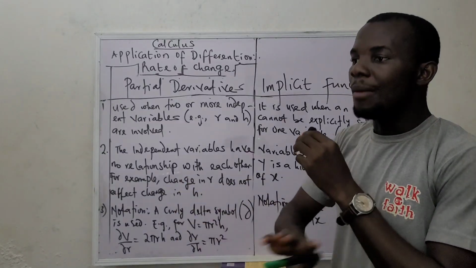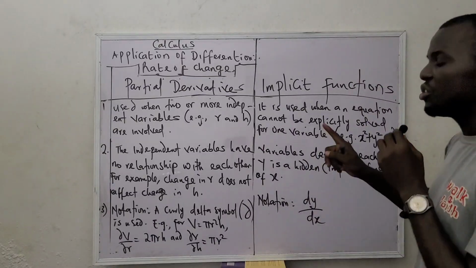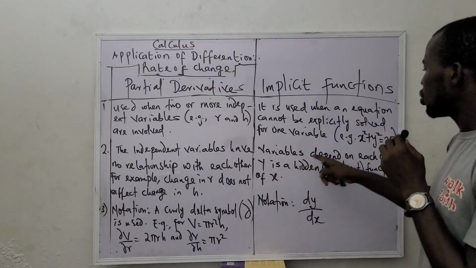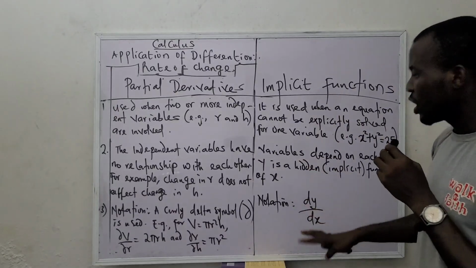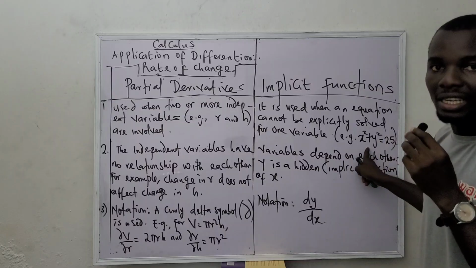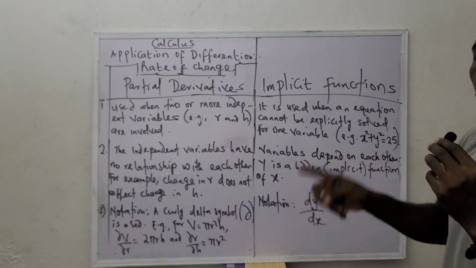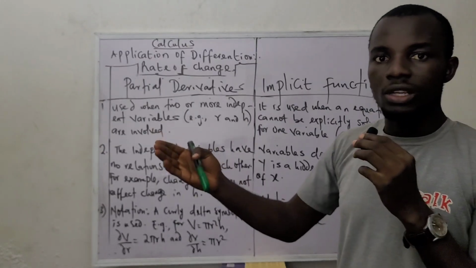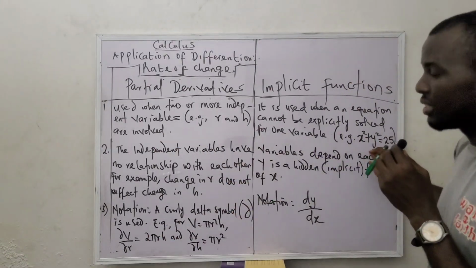All right, they are mutually exclusive, they have no relationship. On the other hand, variables depend on each other for an implicit function. y is a hidden function of x. As you can see here, y is a hidden function of x. So we only differentiate through by what? By x. That is what we do for an implicit function.